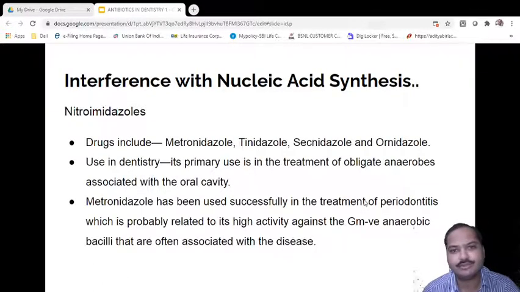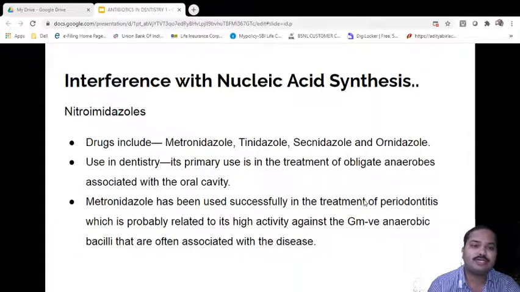Now, nitroimidazoles: the evidence shows that they interact with bacterial DNA, and carcinogenicity of this drug has also been reported in rodents, but it may be related to the liver microsomes, which can reduce the metronidazole.